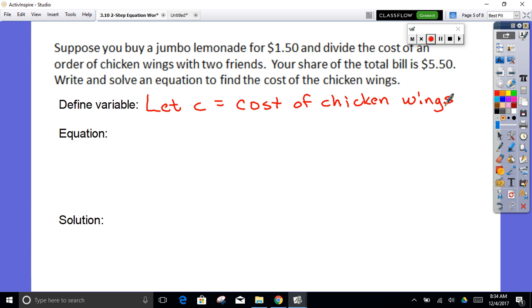Okay, now this one, the equation's a little trickier, so I want to give you all a minute to think about what the equation is, and then I'll take volunteers. So no volunteers yet, because I want everybody to think about this one.